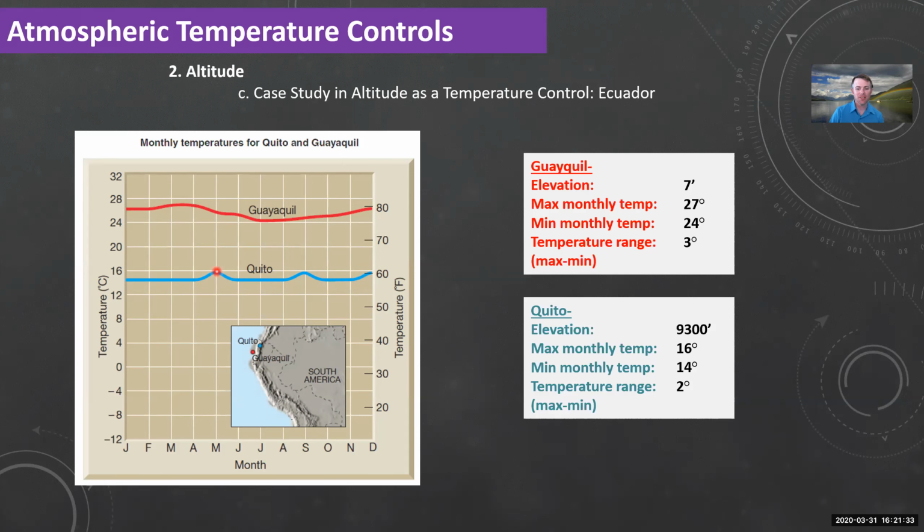So that's only a 2-degree temperature range difference. But you notice, look at that. They are 20 degrees Fahrenheit apart in terms of their average climate for any given year. Pretty crazy. So they're really next to each other, but because Quito is way high up in the Andes, it's always much, much cooler, even though they're near the equator.